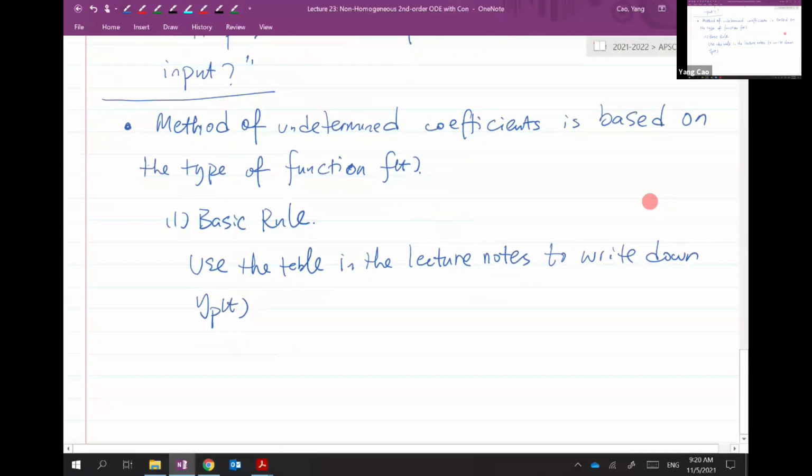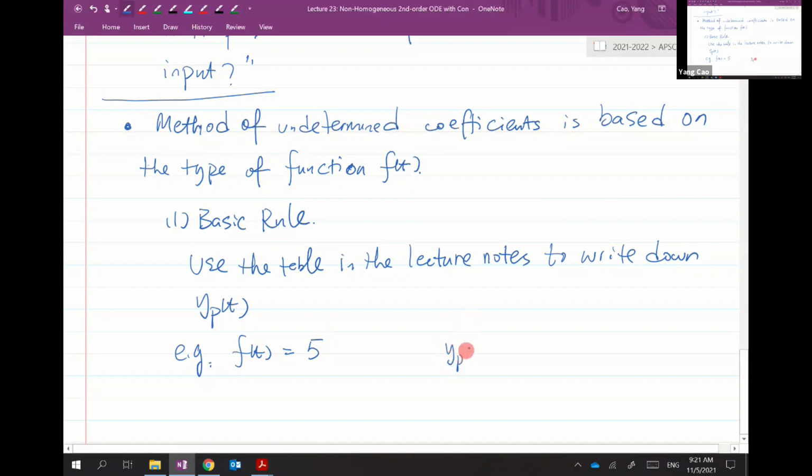Let me give you an example here. f of t equal to a constant 5. This is actually 5 times the unit step function, so basically it's like a unit step input to the system.